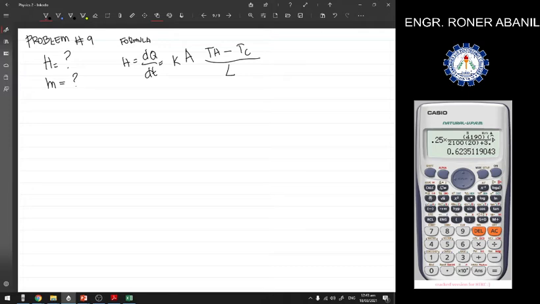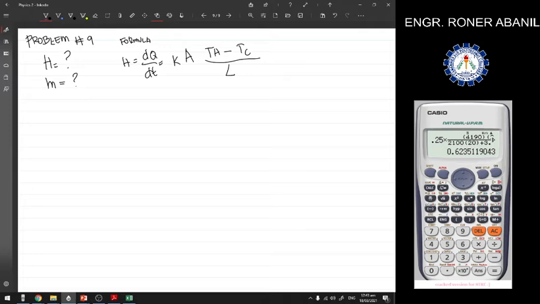Tapos, para ma-determine naman natin yung M, no? Para makuha natin yung M, ang gamit naman nating formula, ano kaya? Pwede natin gamitin yung formula kanina.